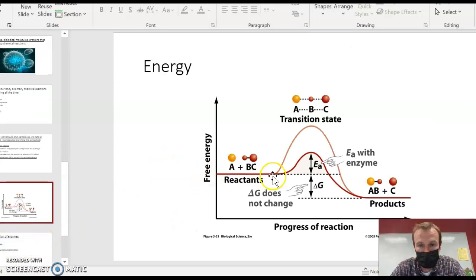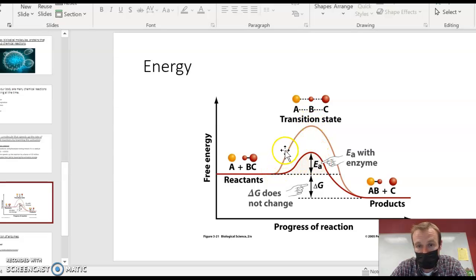So we looked at a graph a lot like this last week where I have a couple reactants. I have molecule A plus molecule BC. And so we're breaking those chemical bonds. This would be called a single displacement reaction, where this bond is broken and then the B molecule is going to be joined to A. Here's this free energy graph as we need the energy to get this first chemical bond broken, this transition state.